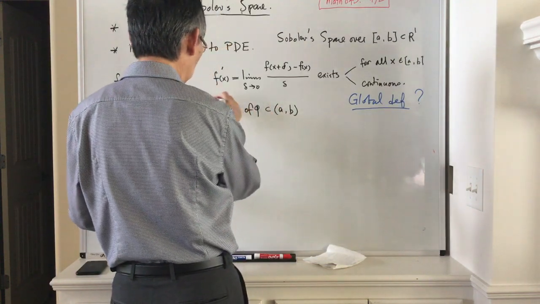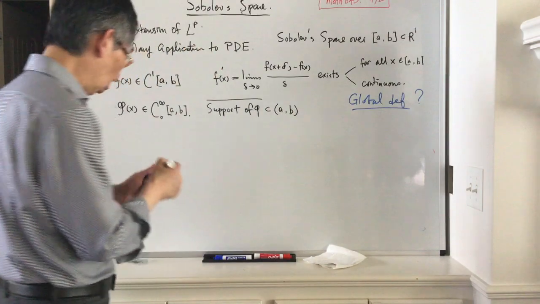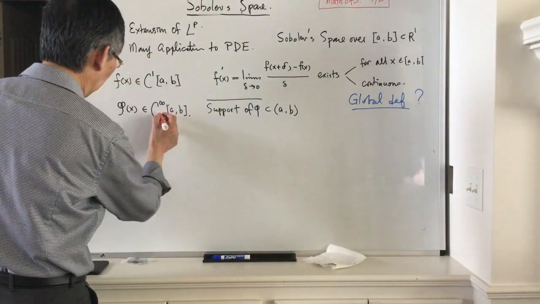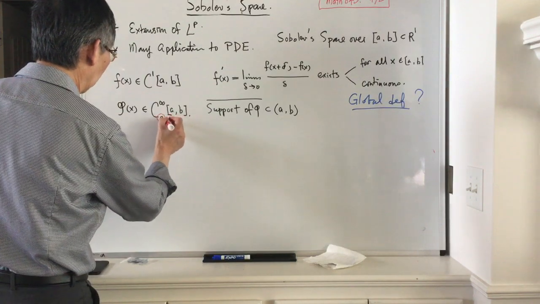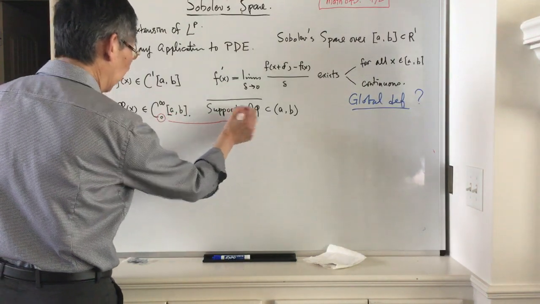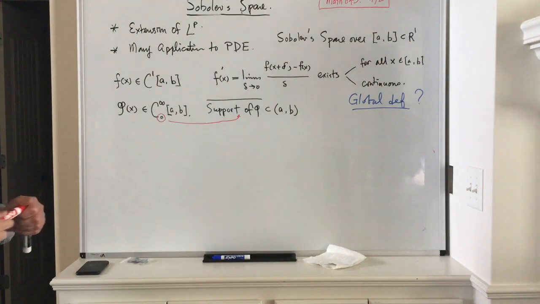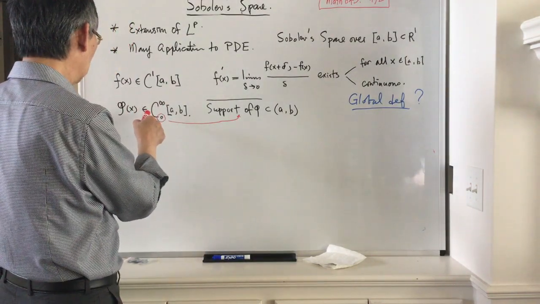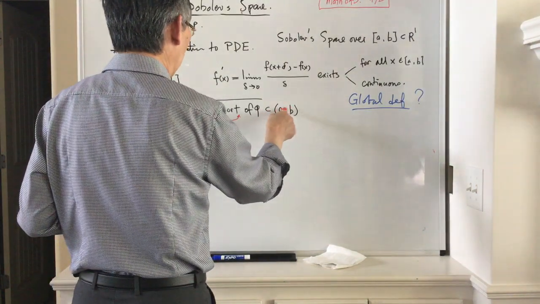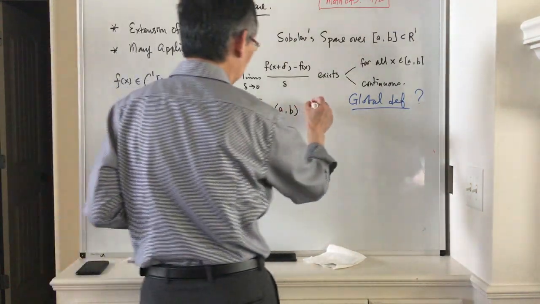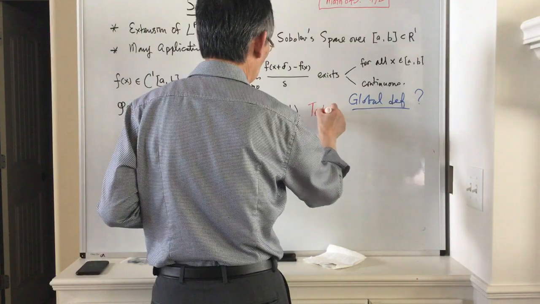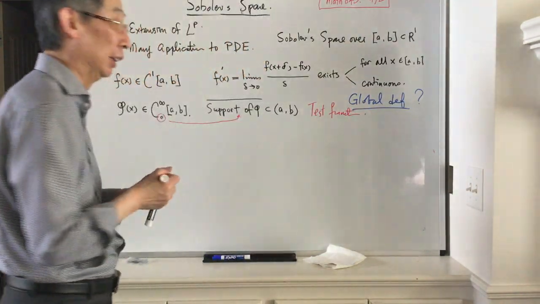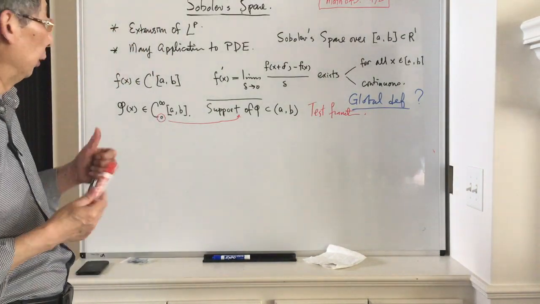Actually, the closure of the support of phi is in (a,b). So this is what we mean by the little zero here: it basically means the support is inside. So in particular, this phi function is going to vanish at the points A and B. So this function is considered a test function. So this is our tool to define the derivative globally.